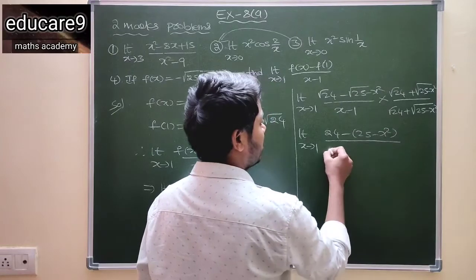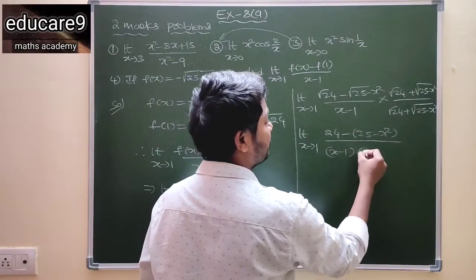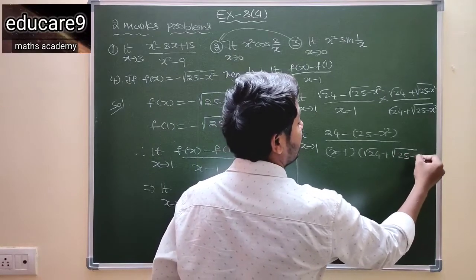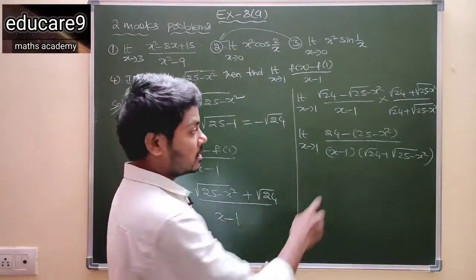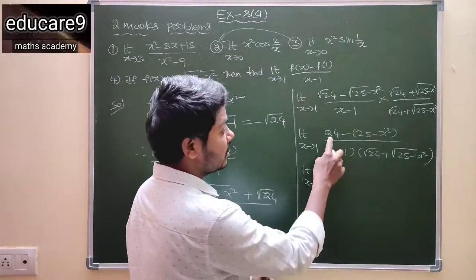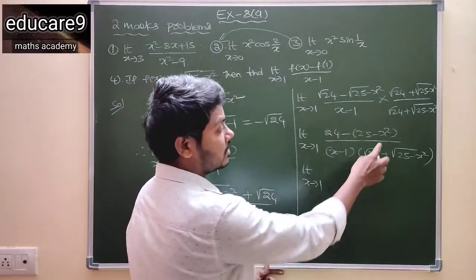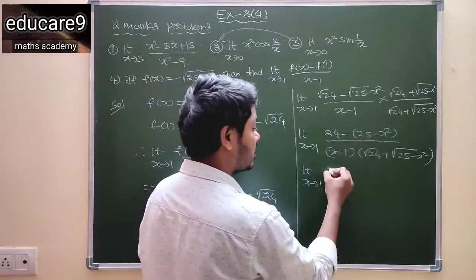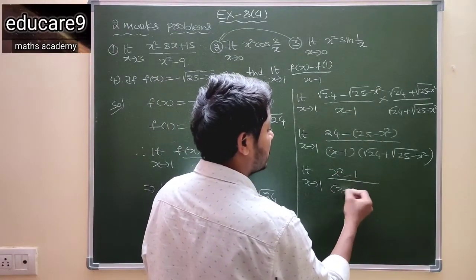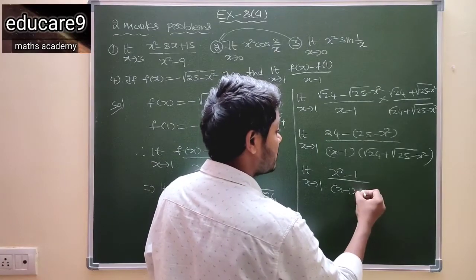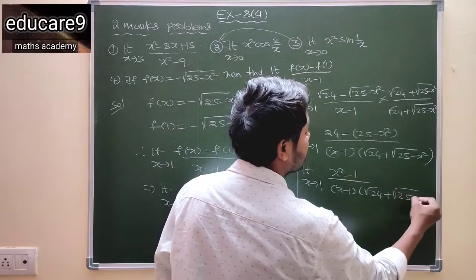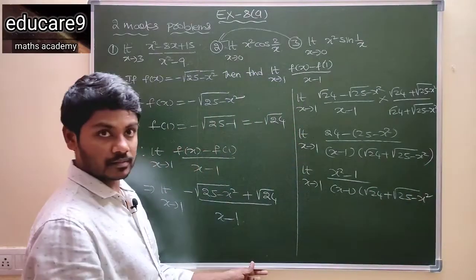So divided by x minus 1 into root 24 plus square root of 25 minus x square. So here, limit x tends to 1, 24 minus 25 minus 1. This is minus into minus, plus x square. x square minus 1 divided by x minus 1 into root 24 plus root 25 minus x square.